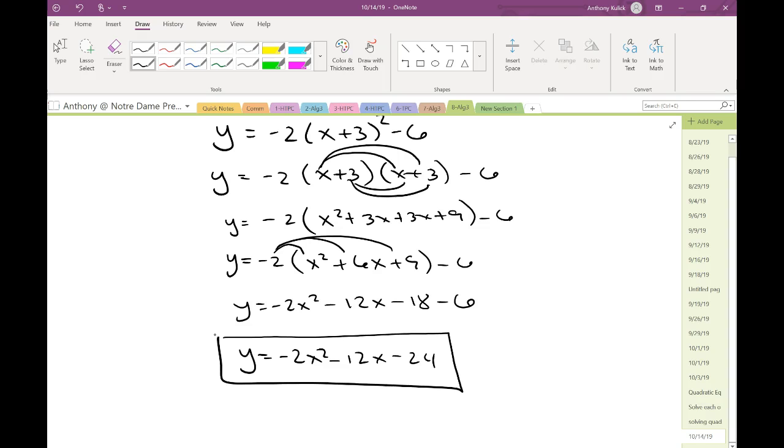Okay. The reason it gets a more generic term is that we might be interested in things like this, which there's a better way to do other than foiling 4 times, which is what you'd have to do to multiply that out. And we'll talk about that a little bit later, maybe second semester, probably. But we give this a special name.